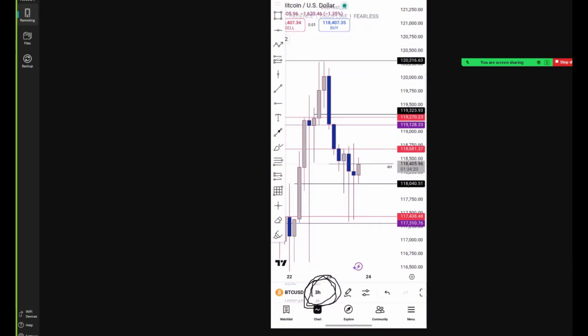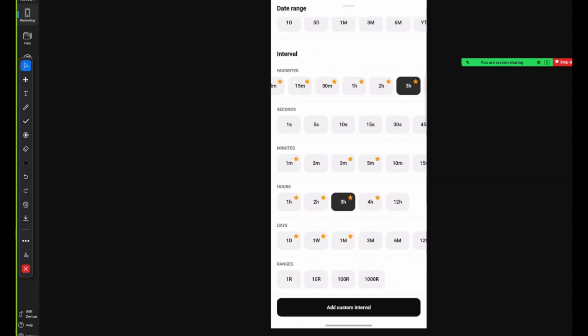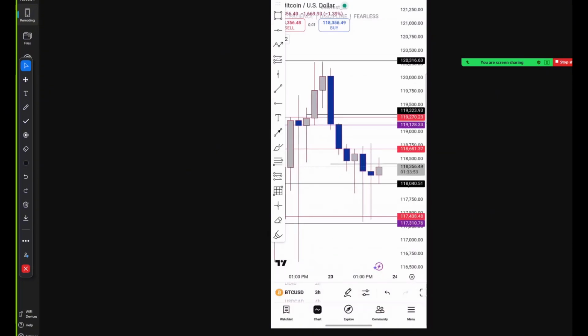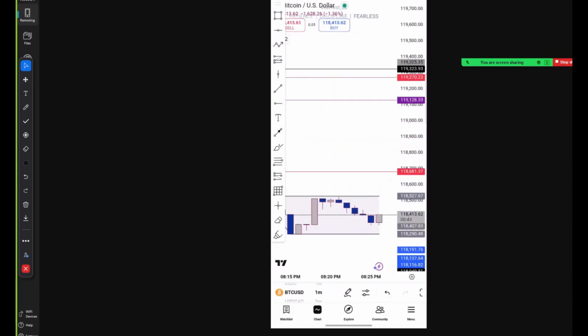Now, if I change this 1 hour to 3 hours, for example, it means that every candle you see here takes 3 hours to form. I hope we understand. So if you go to your TradingView and you click on that icon, you see different time frames.